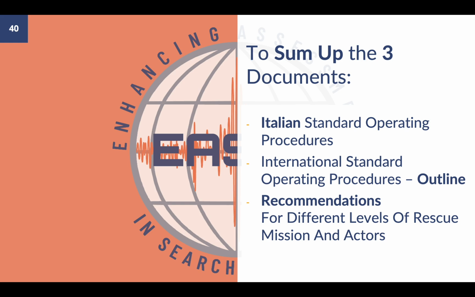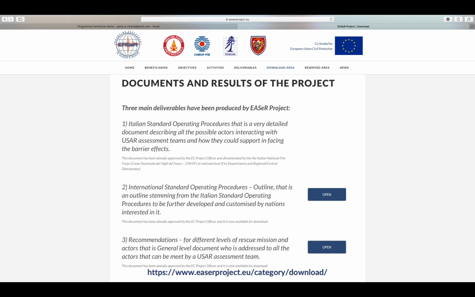To recap, the project produced 3 documents: Italian Standard Operating Procedures, International Standard Operating Procedures Outline, and recommendations for different levels of rescue missions and actors. Italian Standard Operating Procedures is a very detailed document describing all the possible actors interacting with user assessment teams and how they could support in facing the barrier effects.